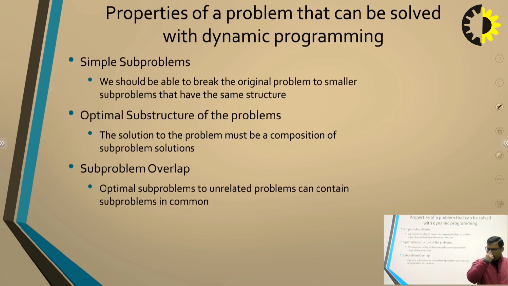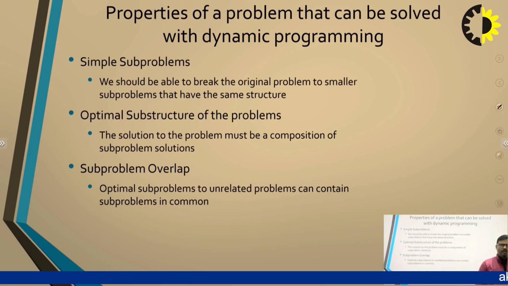And third thing is subproblem overlap: optimal solutions to unrelated problems can contain subproblems in common. So these three properties are used in dynamic programming: simple subproblems, optimal substructure of the problem, and subproblem overlap. Okay.